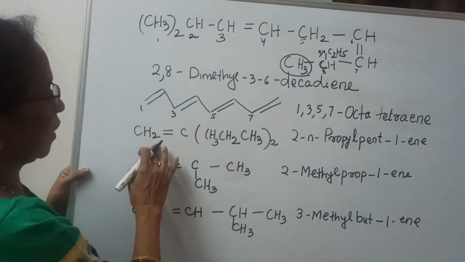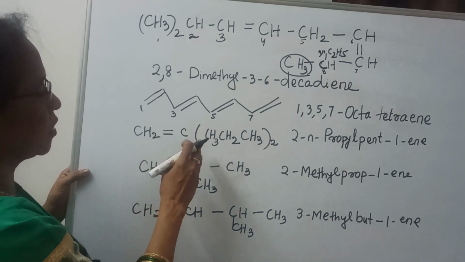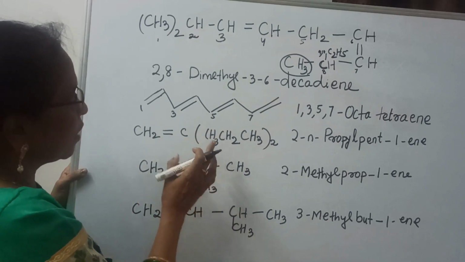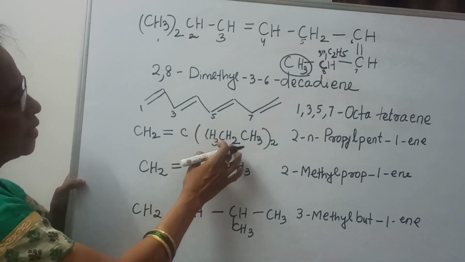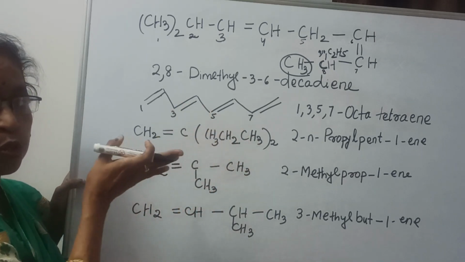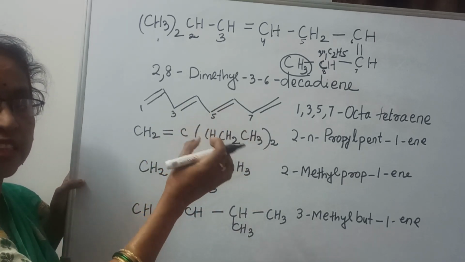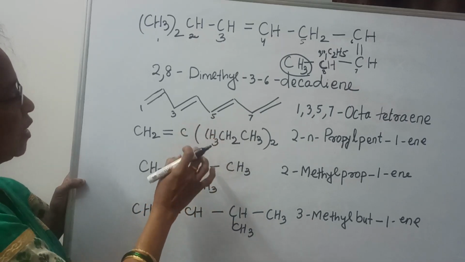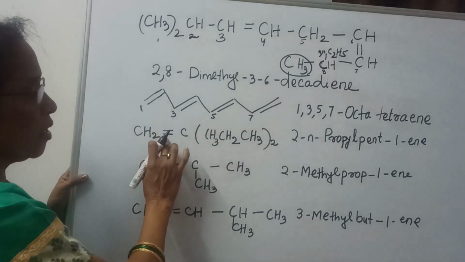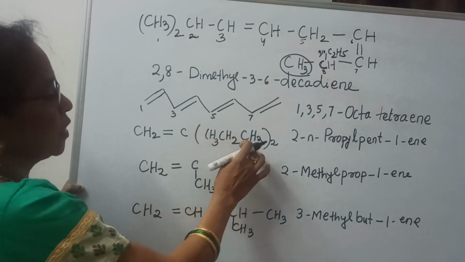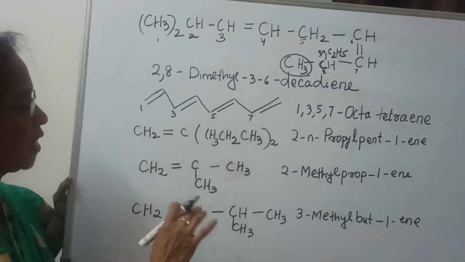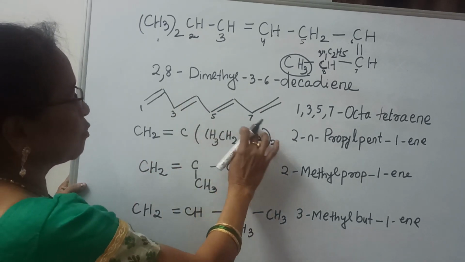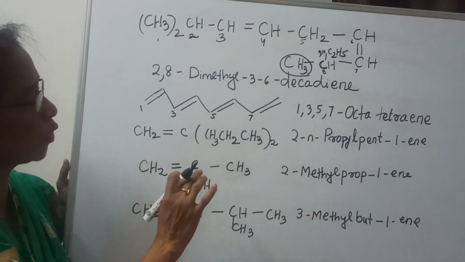Then come to this one. You can observe it looks like a complex one, but what happened, you can observe CH3 CH2 CH3 two times. So one way you select the longest chain and the other one select the branch chain. CH2 double bond C, CH3 CH2 CH3, that is the longest chain, and here there is this group that is called propyl group.